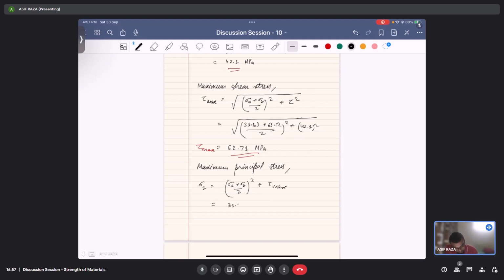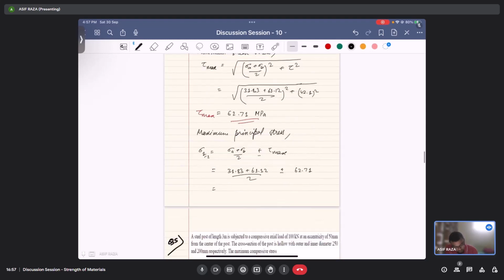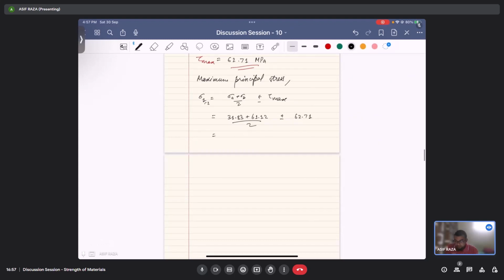This is again 31.83, not the square this time, 31.83 plus 61.12 by 2 plus minus 62.71, and it will come out to be 31.83 plus 1, 2... 109.185, comma, minus 16.235.